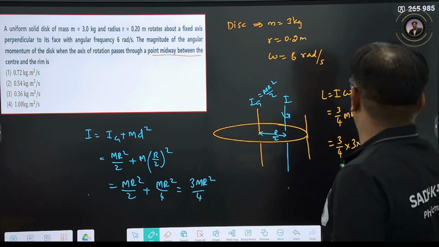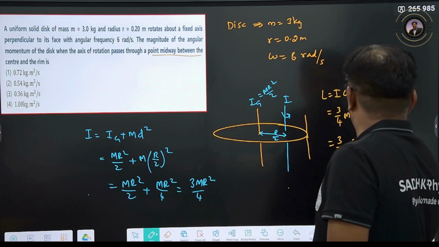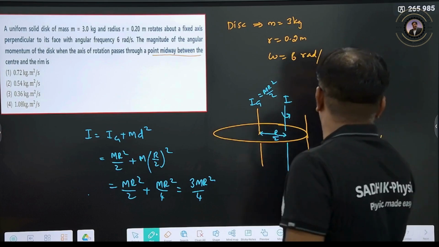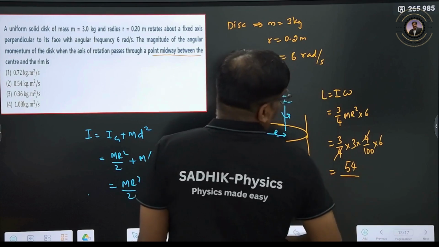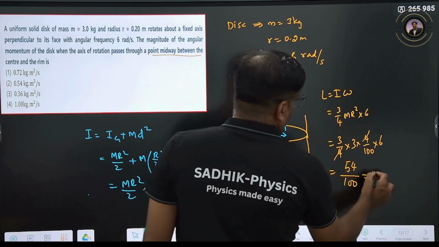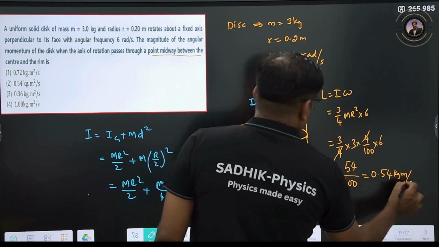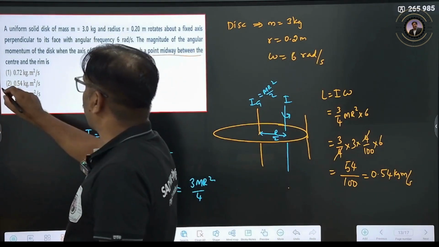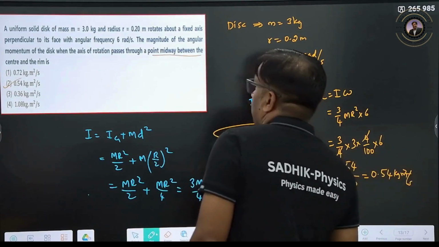So the 4 cancels, and 3 into 3 is 9, 9 into 6 is 54. So 54 by 100, that is 0.54 kg meter square per second.